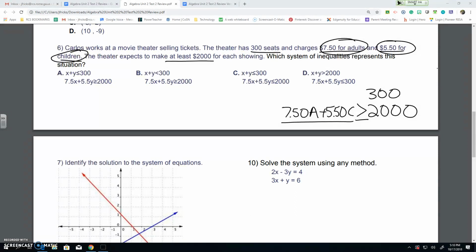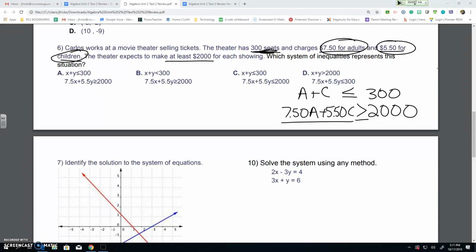Then I know that there's going to be 300 seats, right? 300 seats. So that's going to be made up of adult seats and children's seats. So for a total, we're going to add the adult seats plus the children's seats, and we should get a total of 300. Now, obviously we can't go over 300, so it has to be anything less than or equal to 300 on that.